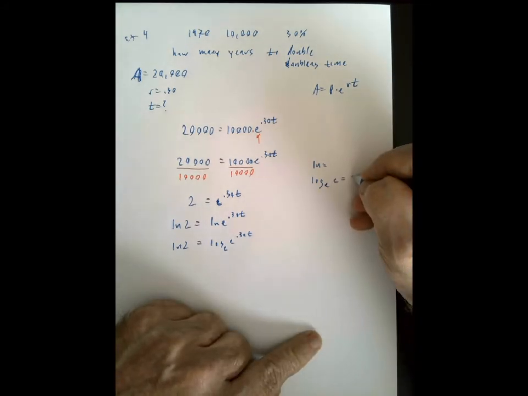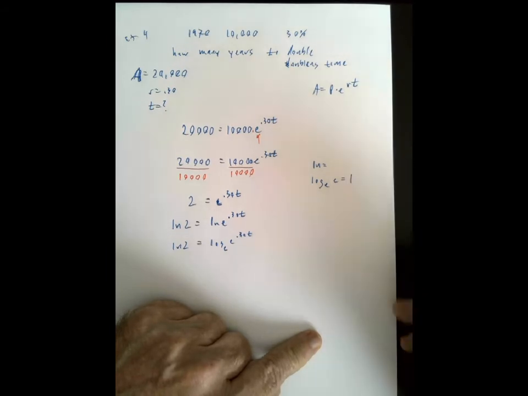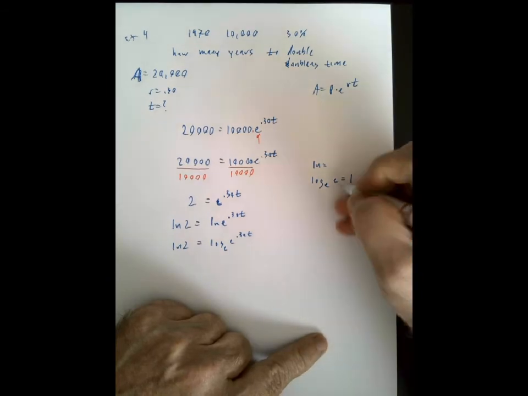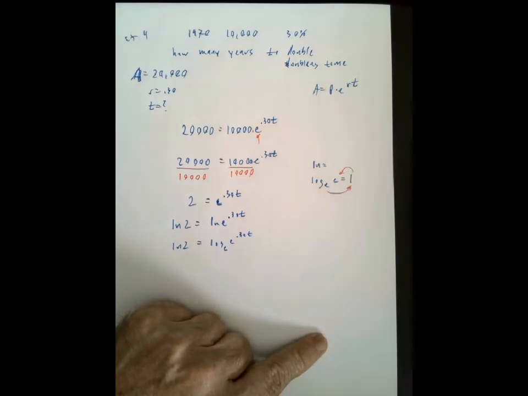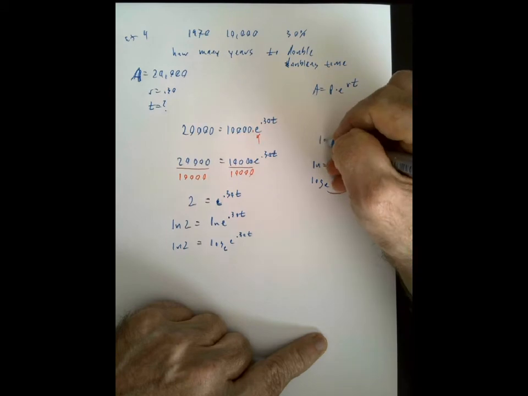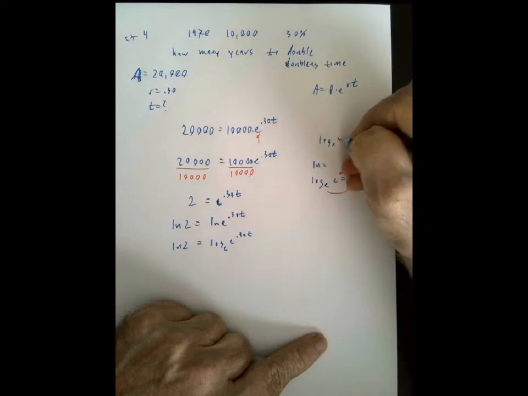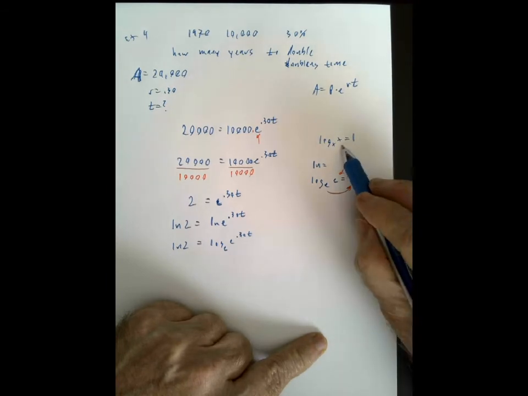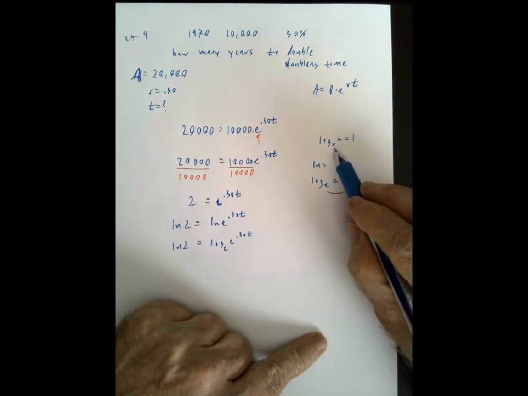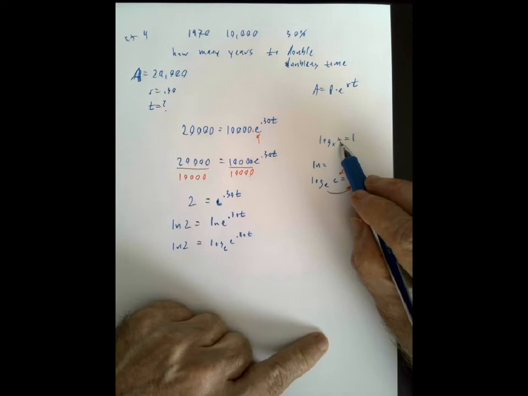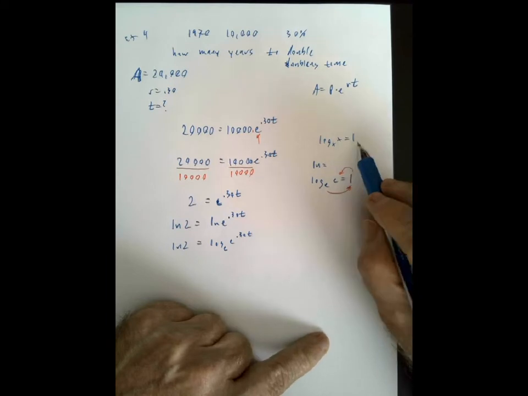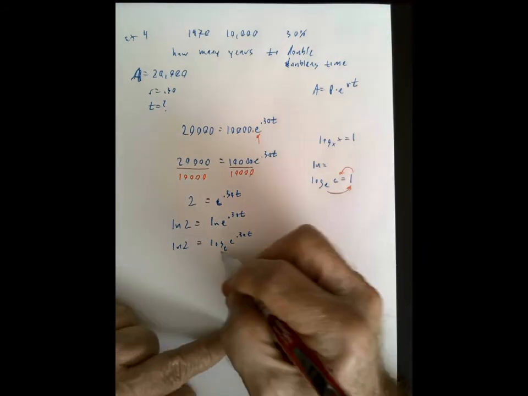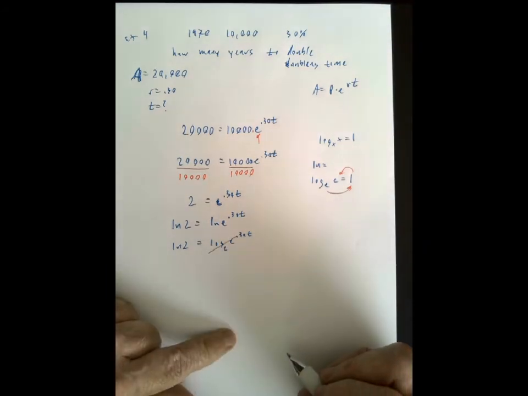Well, that works out to be 1. Right? Remember how logarithms worked. e to the first power is equal to e. And that was one of our characteristics of logs. Log base x of x is equal to 1, right? The log base canceled out what in effect is the exponential base, and you end up with just 1. So what happens here is, those cancel entirely.